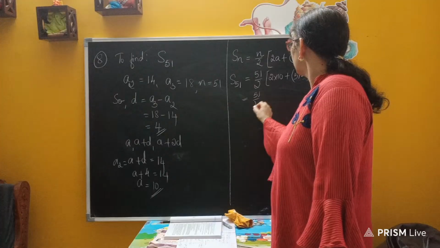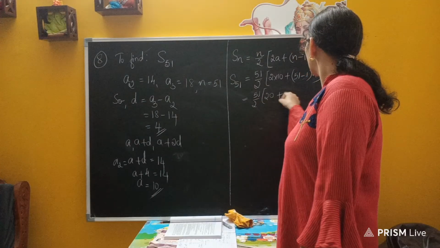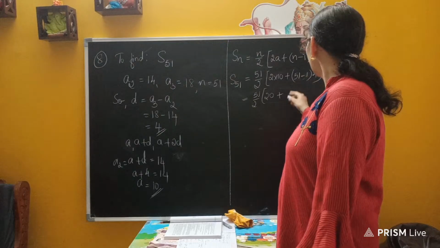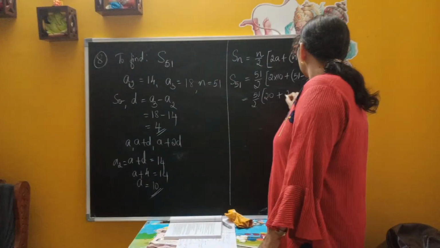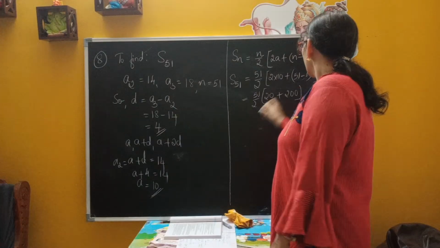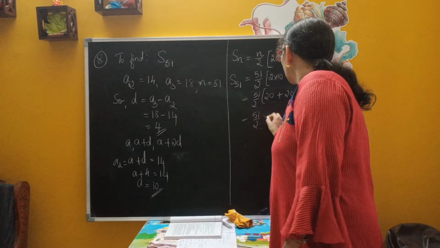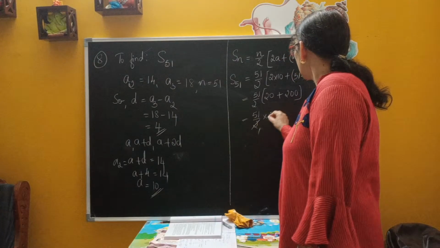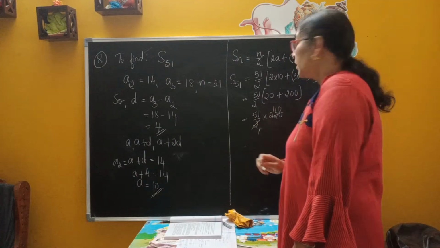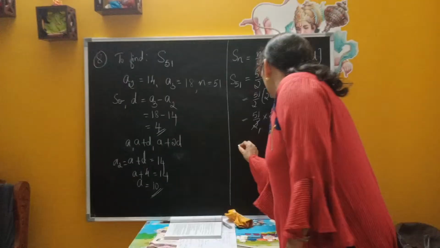Simplify this. 51 by 2 into 2 tens are 20 plus 51 minus 1 is 50, 50 into 4 is 200, so 220. So 51 by 2 into 220. Simplify this now. 2 ones are 2, 2 11s are 22, and 0, so 510 by... 2 into 110 gives 110. So we multiply 51 into 110.